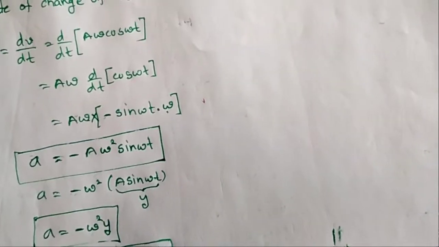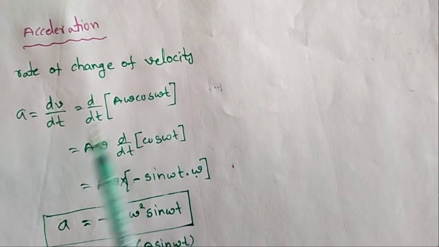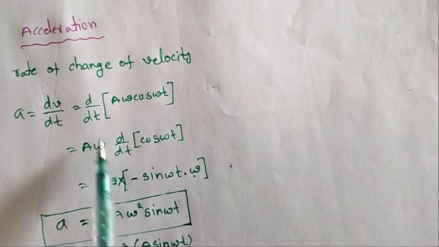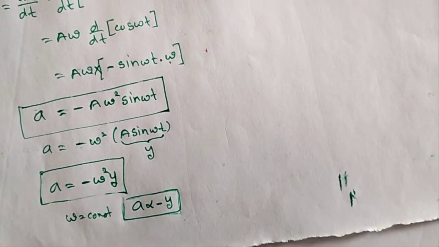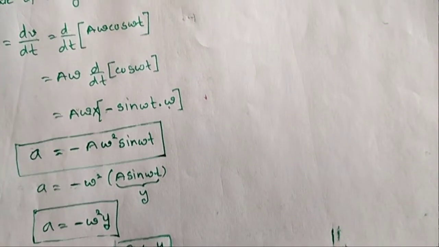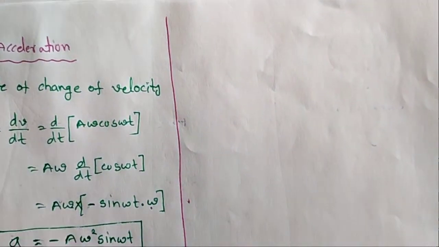So here, this is velocity and acceleration. The rate of change of velocity is a, which is dv by dt. So finally, what is the equation? a is equal to minus omega square y. And here, what is the acceleration at the extreme position and mean position? The same thing. I am taking the mean position first.